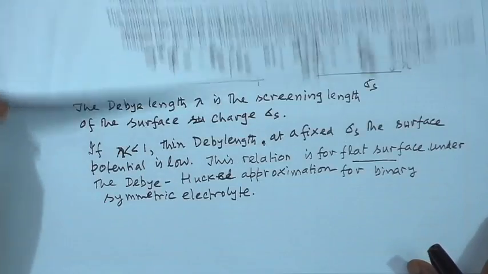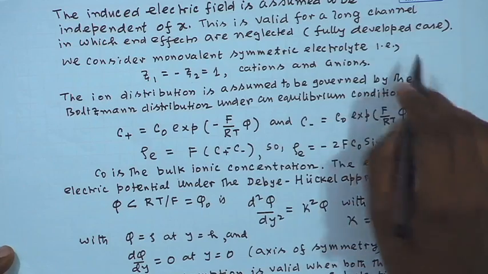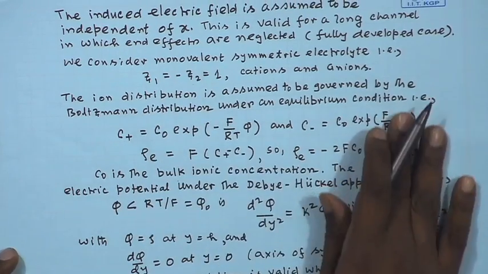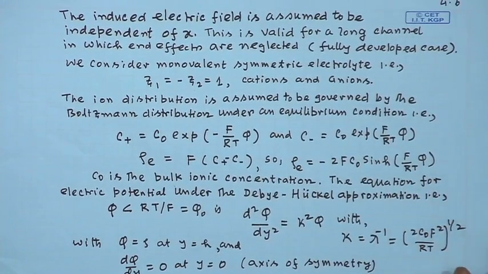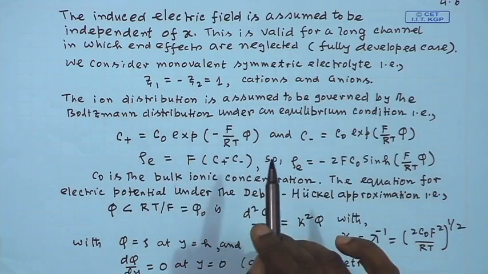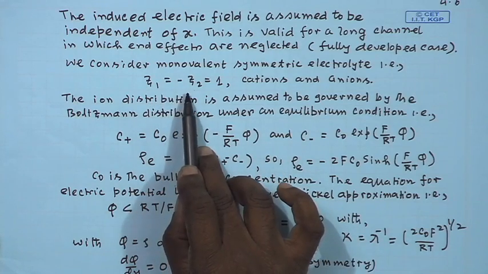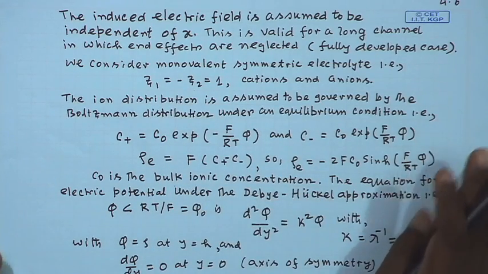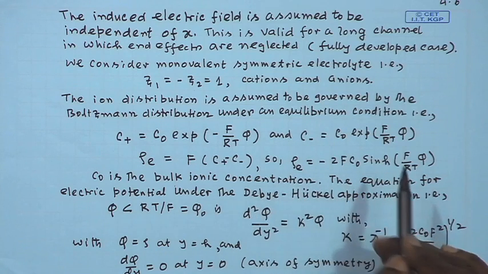The induced electric field is assumed to be independent of x, and this is valid for a fully developed case. We now consider a monovalent symmetric electrolyte, that is Z1 equal to minus Z2 equal to 1, containing cations and anions.